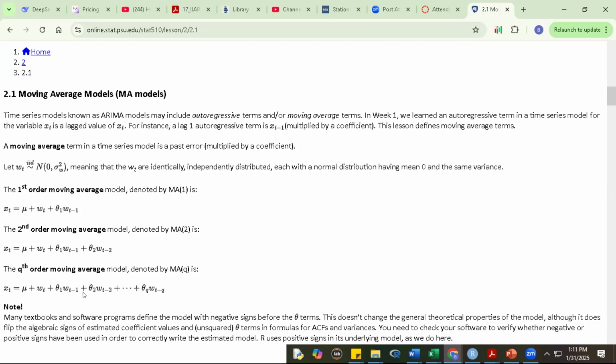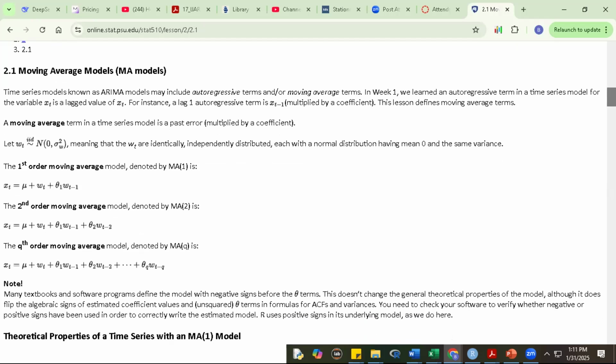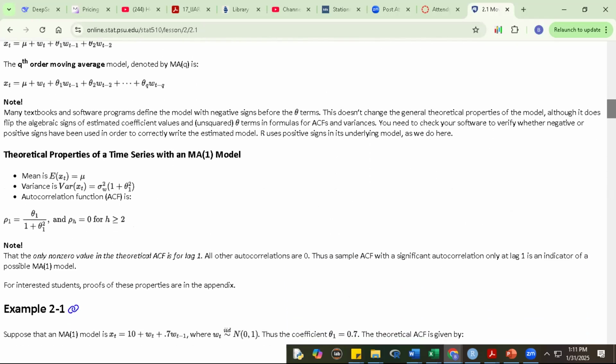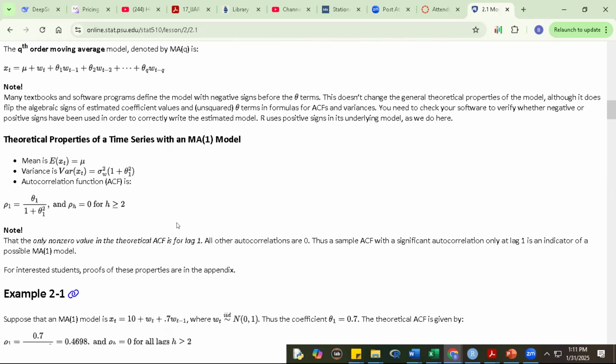This is the qth order of moving average. And there are certain conditions here, class. The mean is equal to a certain constant mu. The variance is given by this formula, and then the autocorrelation function, which we're going to study in the future, for theta 1 is this equation.